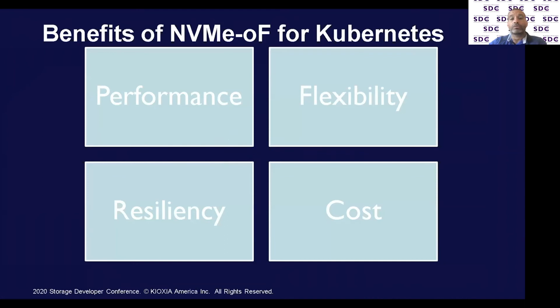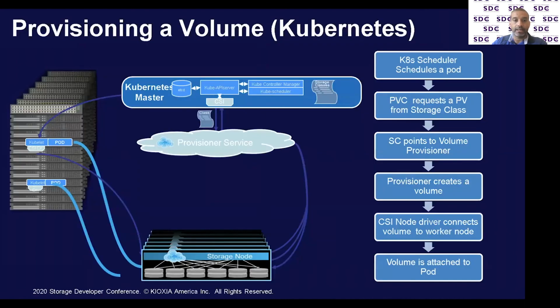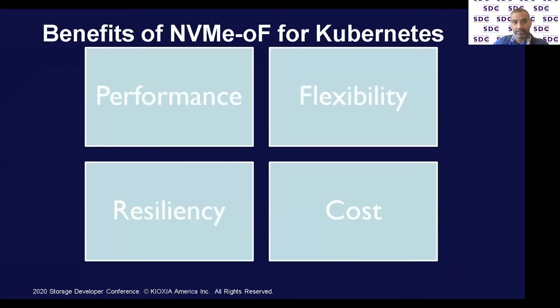So when we are bringing this NVMe over fabric storage from one central place to each worker node, the benefit is that performance does not change.